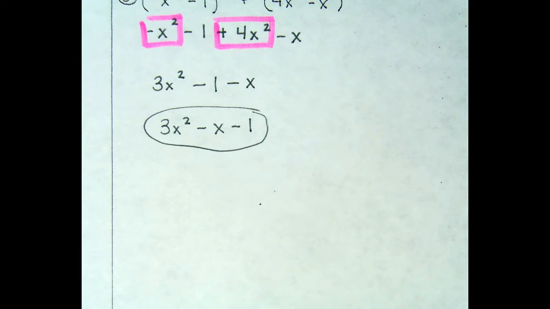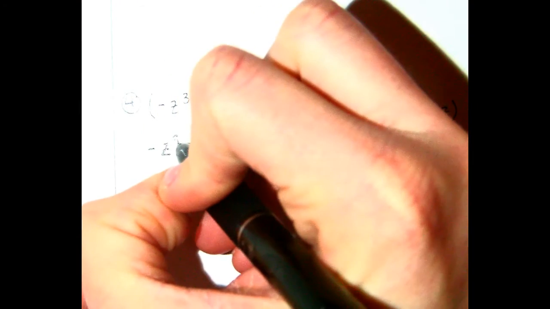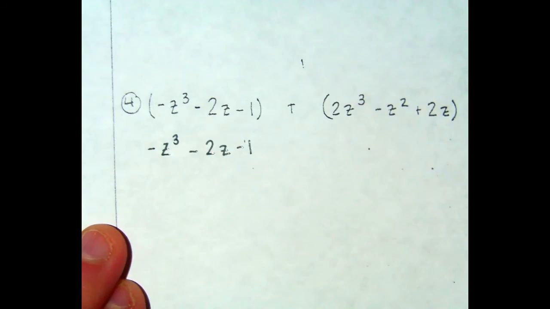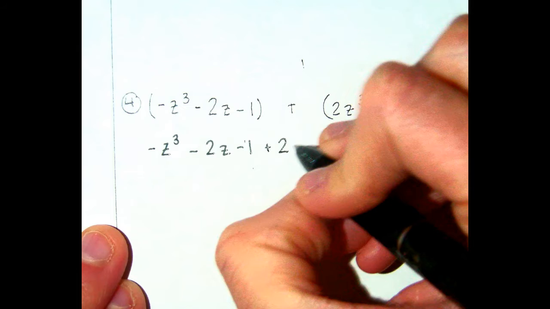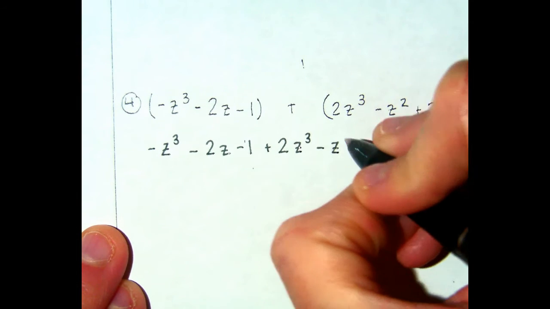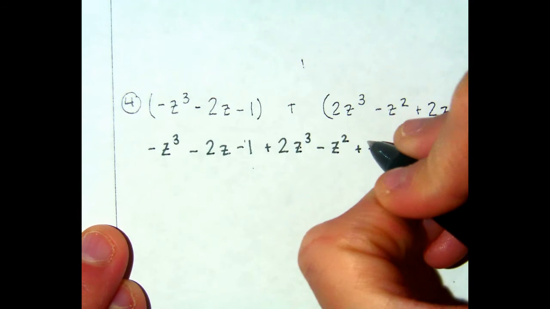Does number 4 have anything in front of the parentheses? No. So we're going to bring them down. Negative z to the third minus 2z minus 1 plus 2z to the third minus z squared plus 2z.